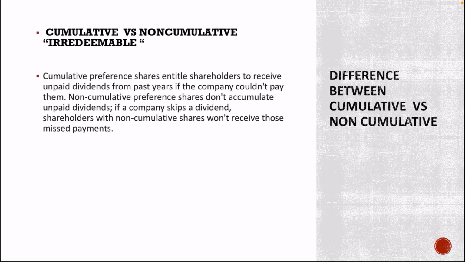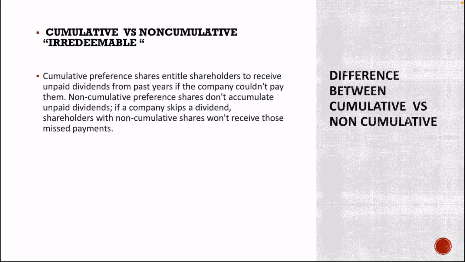Both are entitled to a fixed dividend payment each year. But if you hold cumulative preference shares, your dividends in arrears, which have not been paid to you in the past but which you are entitled to, will be paid to you in future whenever a dividend is announced.